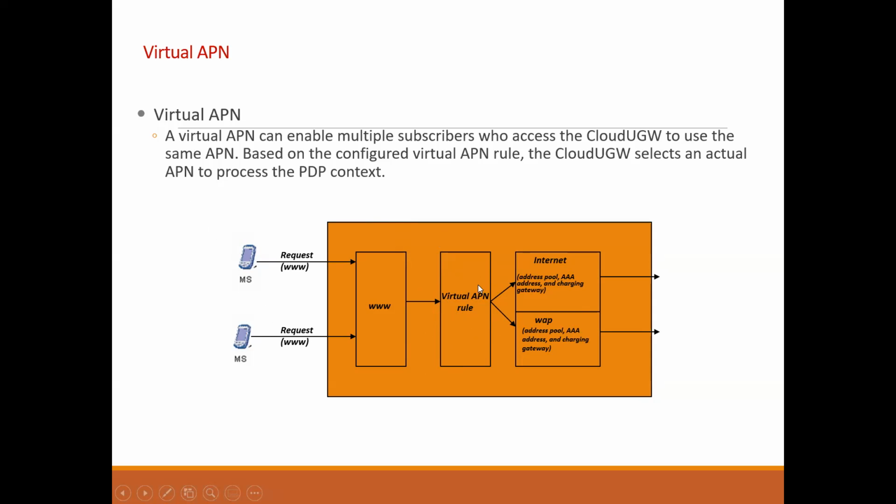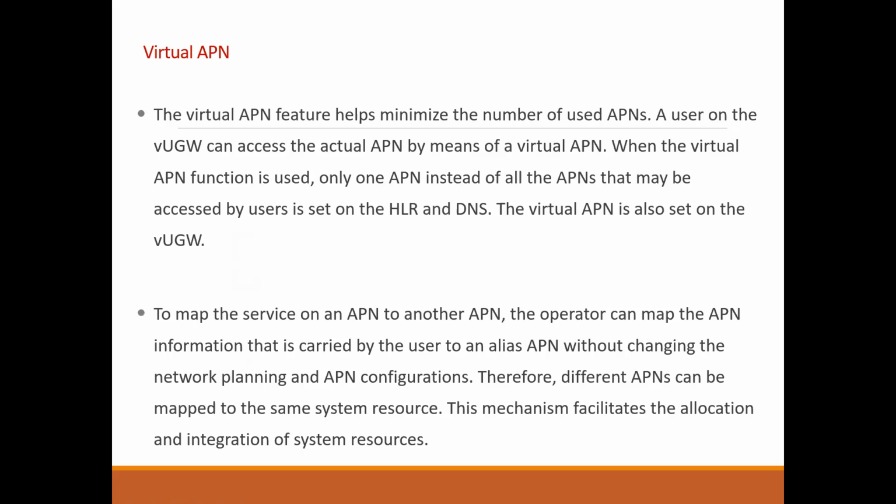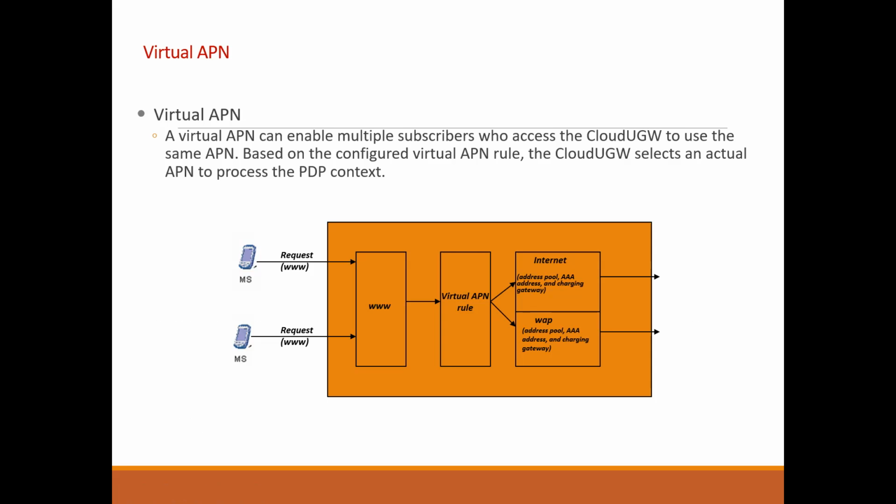And then you can map your internet, the virtual APN internet, to the multiple new APNs which we have created. So this is one example of how your virtual APN can be used and is usually used.